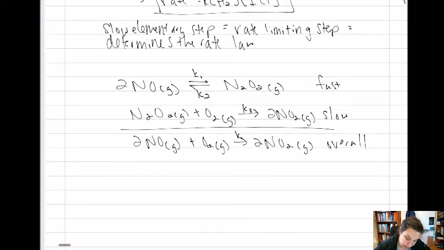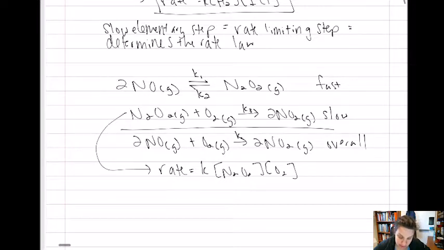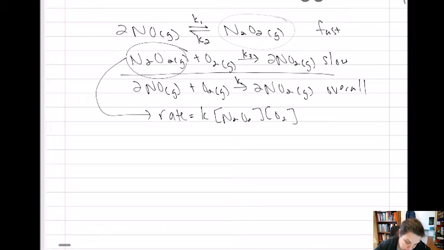However, if we were to write it just like it's written here, it would say rate is equal to k times N2O2 times O2, right? So the stuff that's in that reaction. However, if we look, this is an intermediate, and intermediates cannot be part of a rate law.